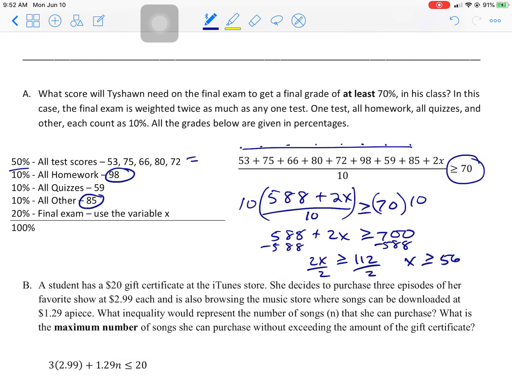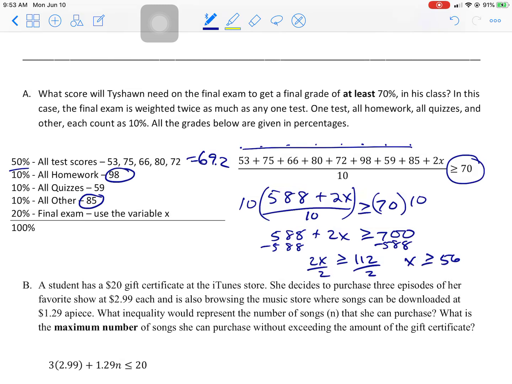I'm just kind of making sure that sounds right. If you have, what's your average of test value? 53 plus 75 plus 66 plus 80 plus 72, 346 divided by 5 is a 69.2 test average.